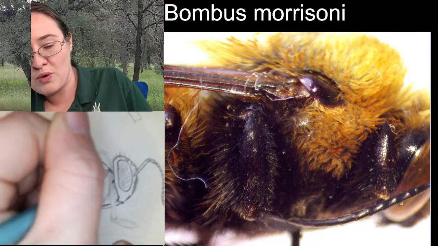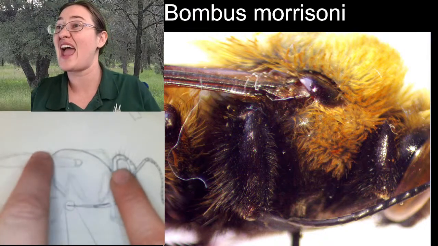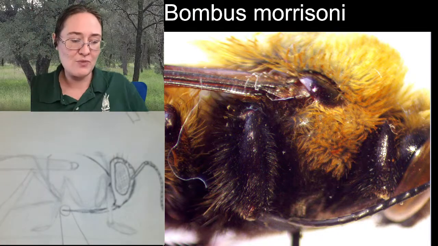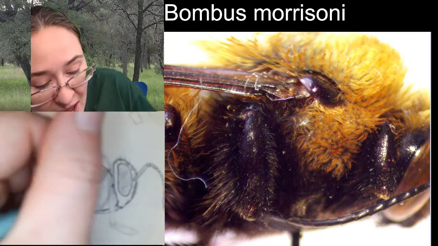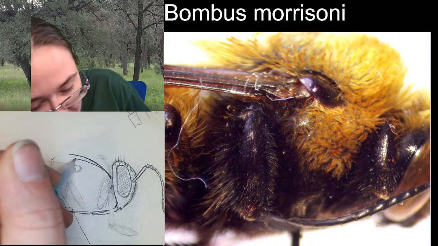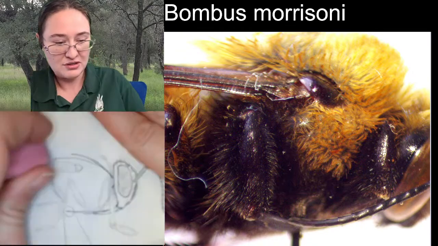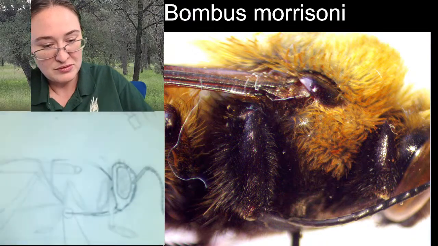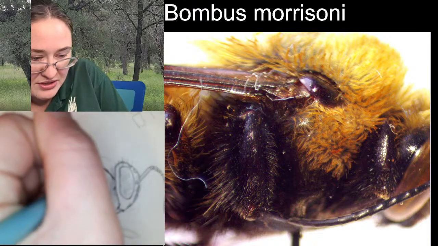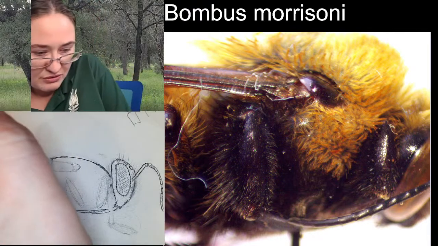And then when I come back in and add the hairs, I'm going to stay within that square bound that I gave myself earlier. I needed to make this thorax just a little bit lower. There we go.